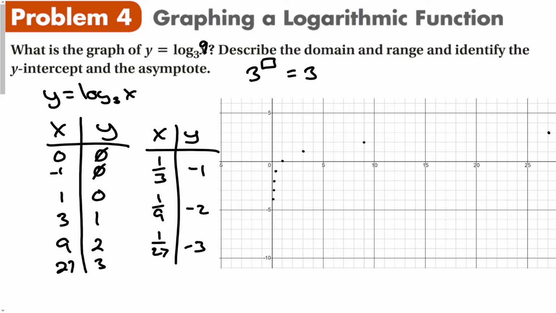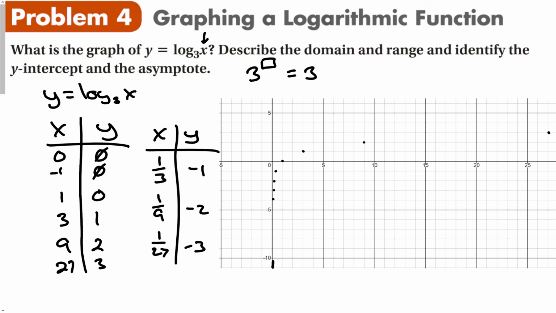You're going to get closer and closer to the y-axis, but you're never actually going to cross because we're not allowed to plug negative numbers into logarithms. If you try it on your calculator, take the log of negative 1, it's going to give you an error.